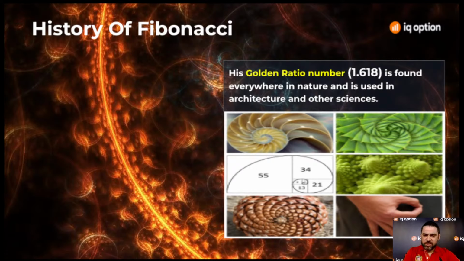Shells, universes, galaxies, cones, even broccoli, as you can see, a type of weird broccoli, has the Fibonacci pattern. This little spiral you see there, where it starts with a smaller number and goes wider and wider, is something that is mathematically measurable everywhere in nature. So it is something that we cannot deny exists. Galaxies and everything in nature is more or less created with this sequence.